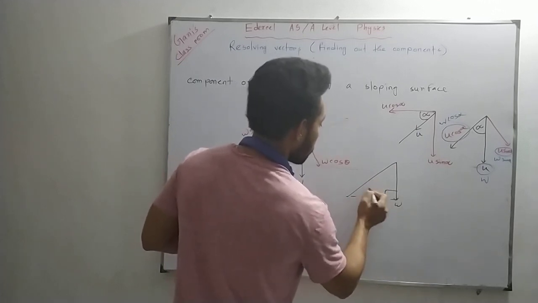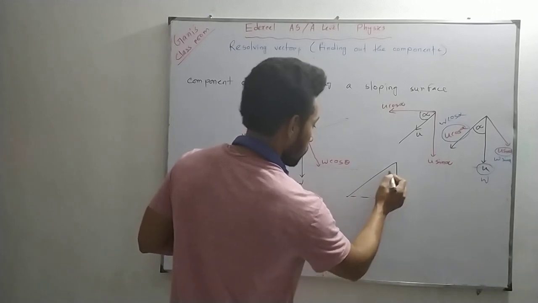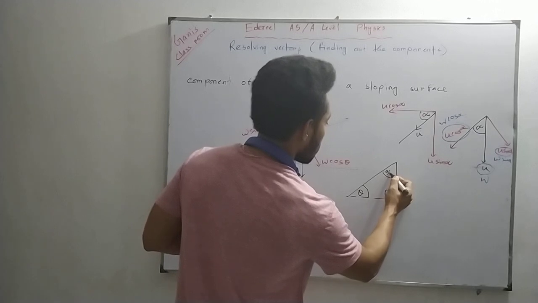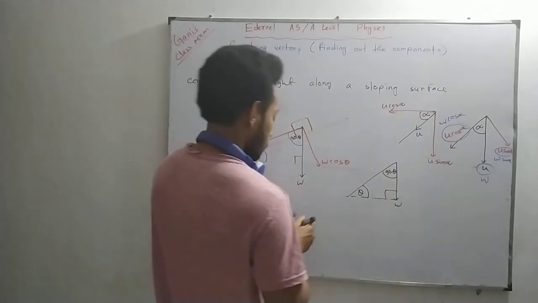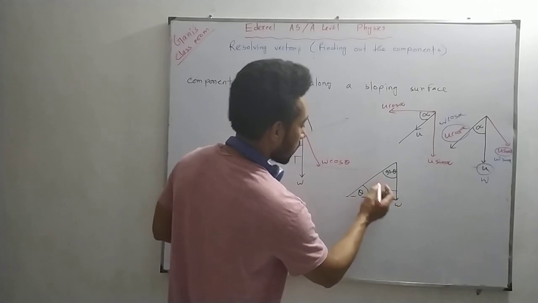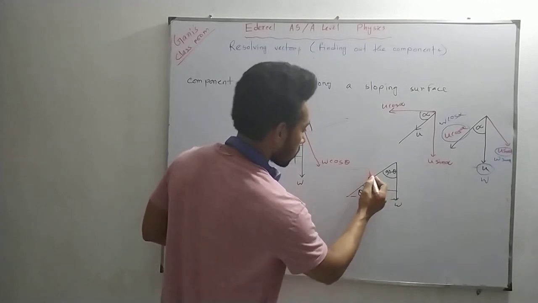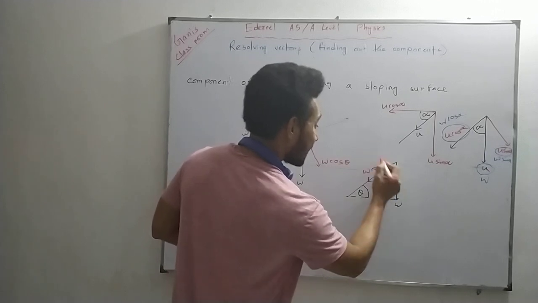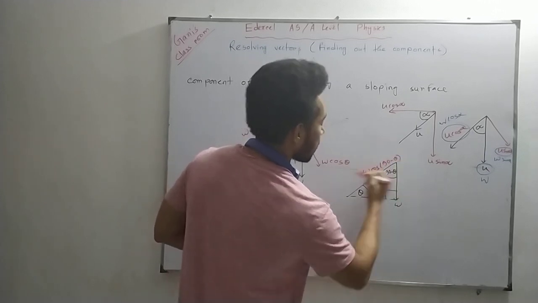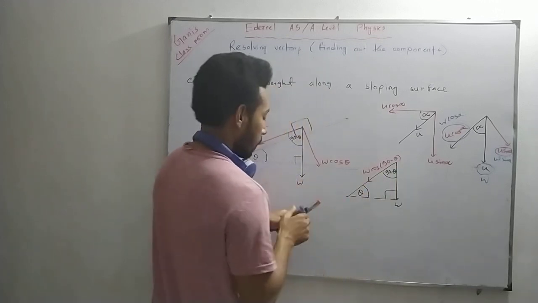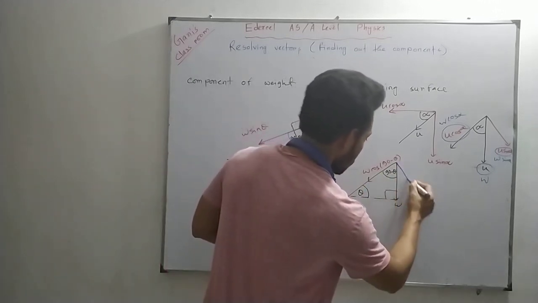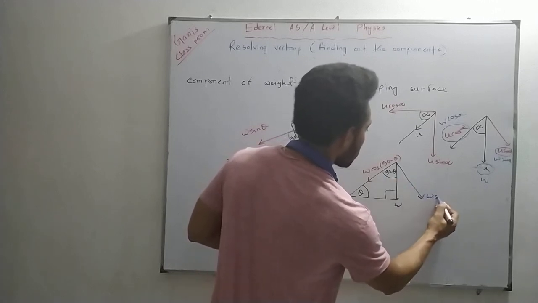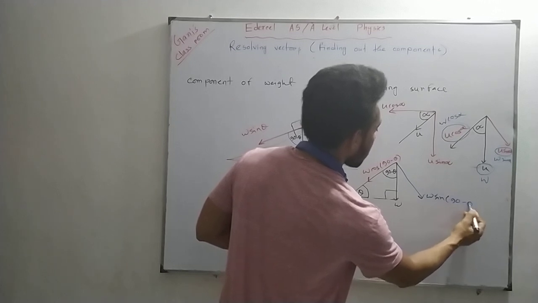So the component of weight, if this is theta, this will be 90 minus theta. Then we can say that the component of weight along the surface or along the slope will be W cos(90 minus theta), and the other component perpendicular to this will be W sin(90 minus theta).